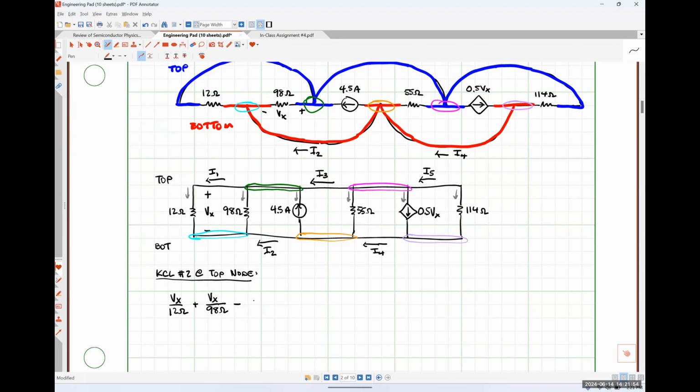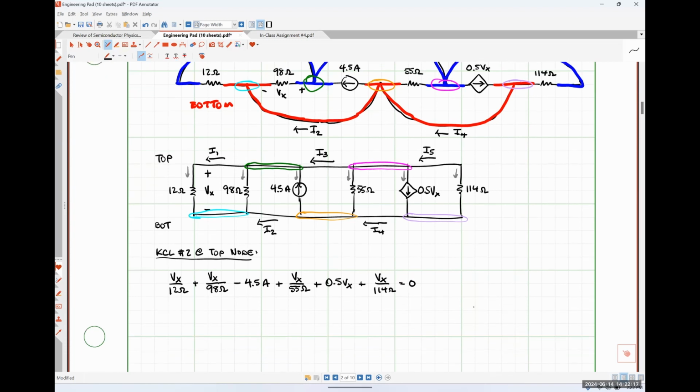Then we would have minus 4.5 amps plus Vx over 55 ohms plus 0.5 Vx and then plus Vx over 114 ohms is equal to 0. And we can see right from the jump that we have a single equation with a single unknown, which would allow us to solve for that unknown voltage Vx.